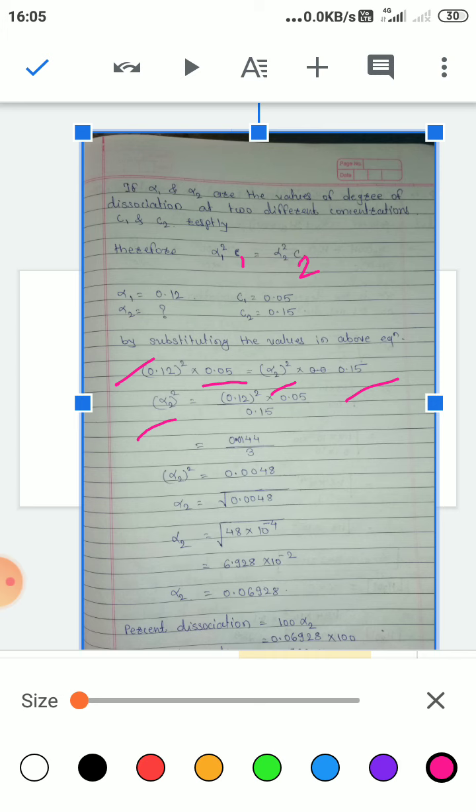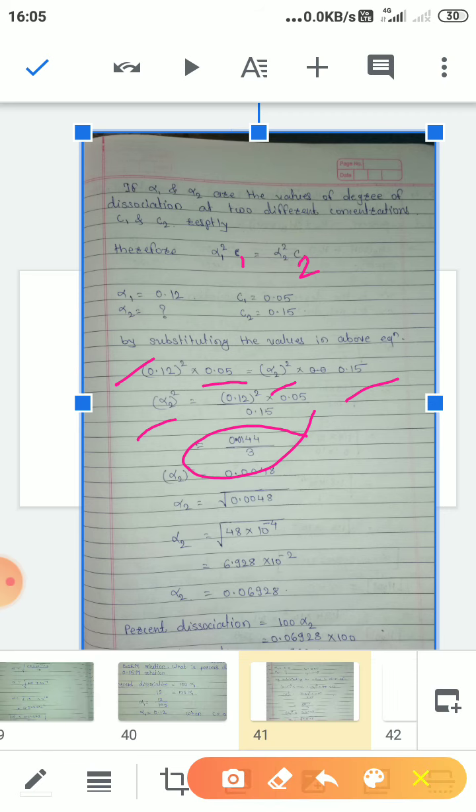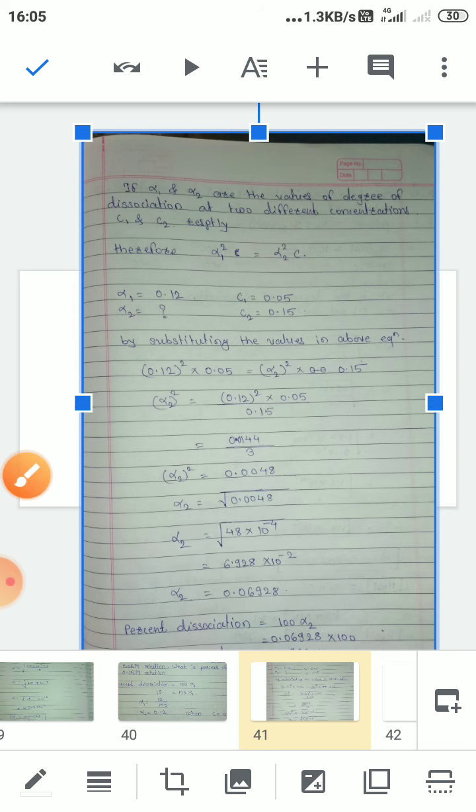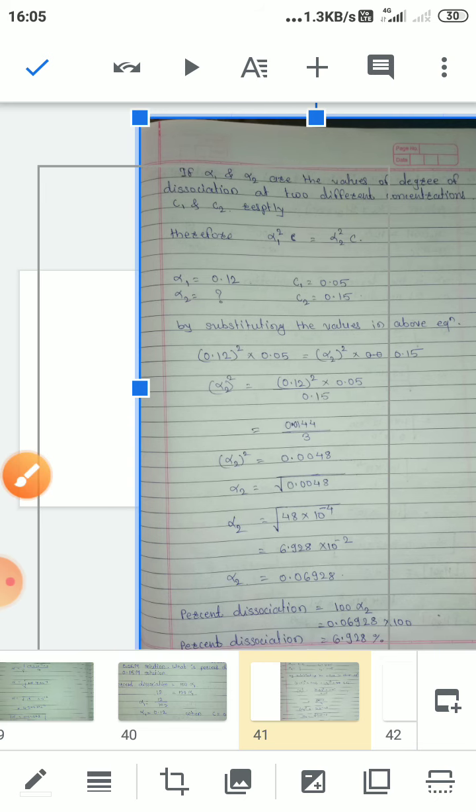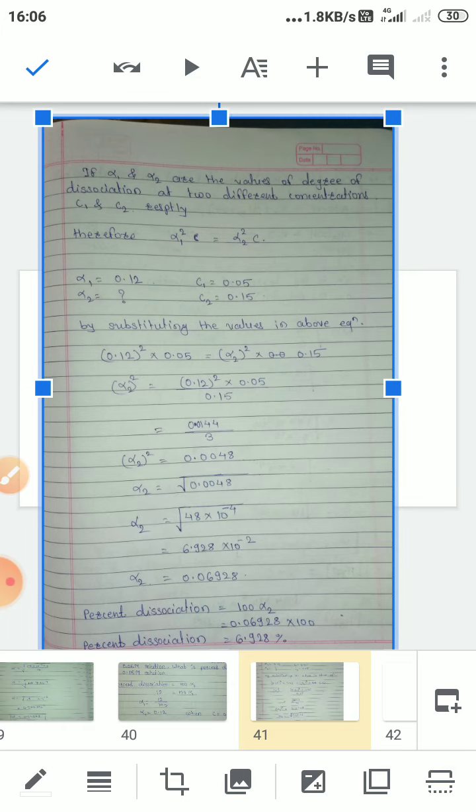We will get the value 0.0144 divided by 3, that is 0.0048. Okay, now we have to take the square root of this.